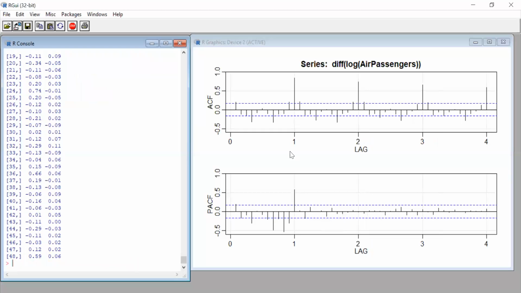So here's the first year, the 12 months, and another 12 months here, and the third year and fourth year, for 4 years. So when you see the lags 1, 2, 3, and 4, actually that is the difference between January and December.